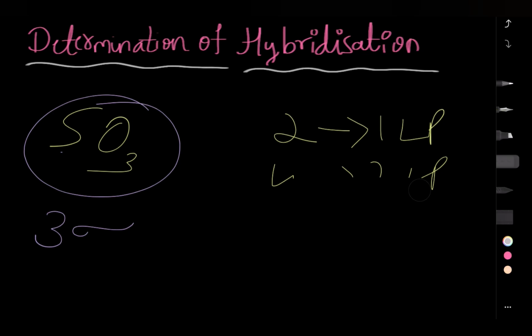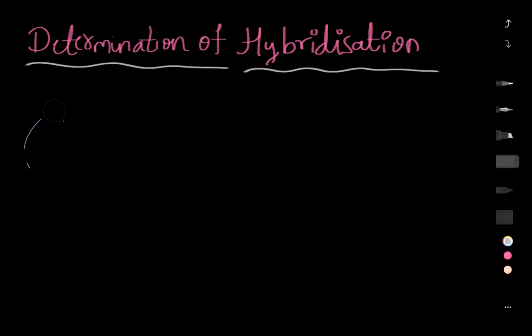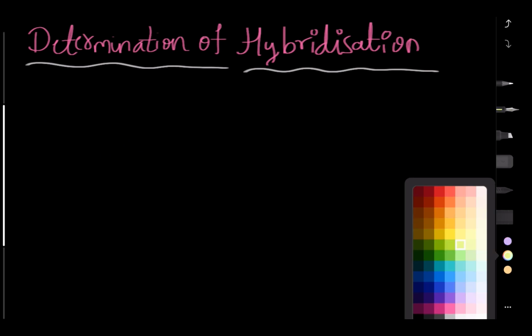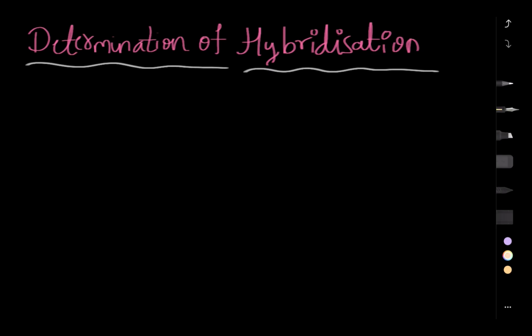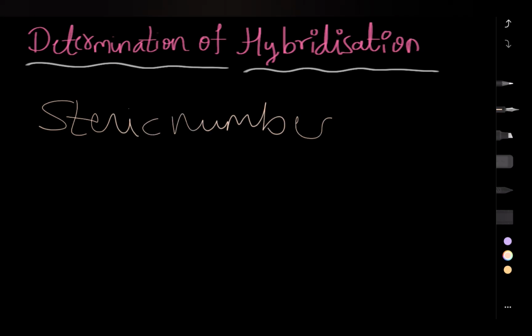So this was the basis of determination of hybridization. Now if I move to the determination of hybridization, we will introduce a new concept of steric number. Some of the students may know the steric number. What is the steric number?